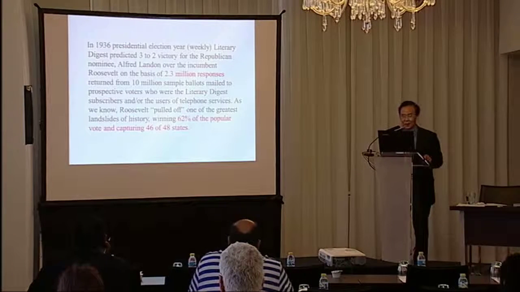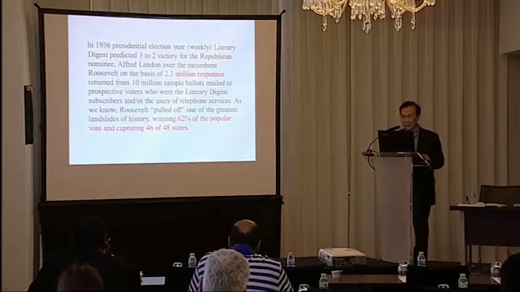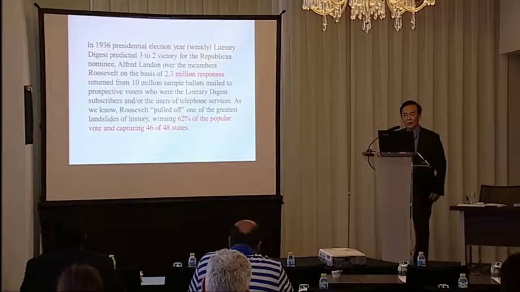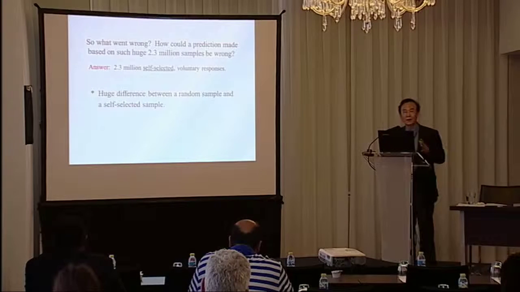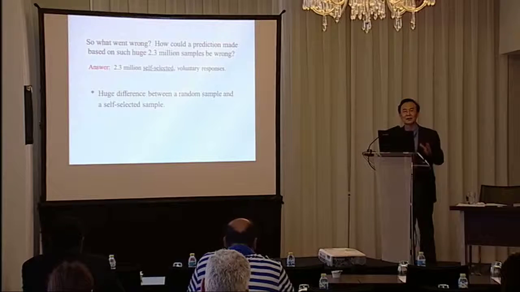Well, surprise, it turned out that Roosevelt pulled off one of the greatest landslides in history, winning 62% of the popular vote. Okay, now what was the problem? You had a huge 2.3 million samples. How can 2.3 million samples go wrong?